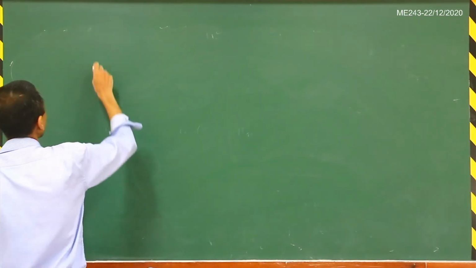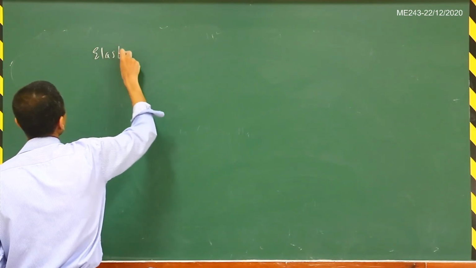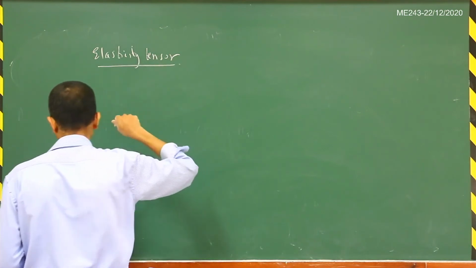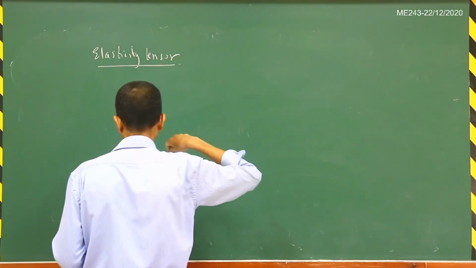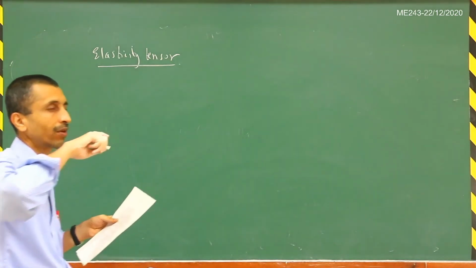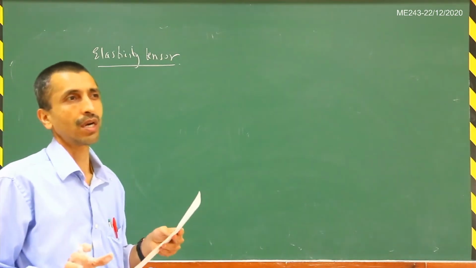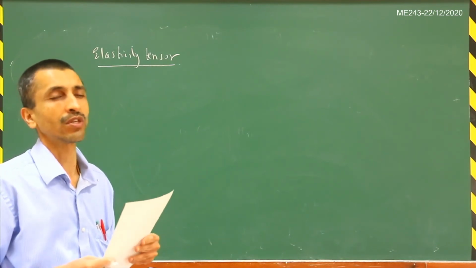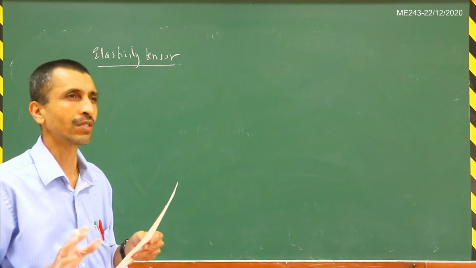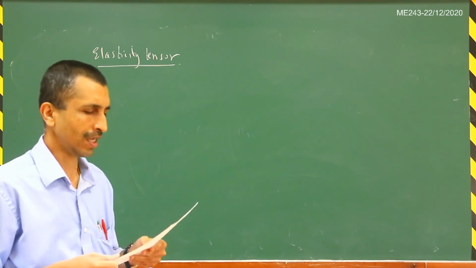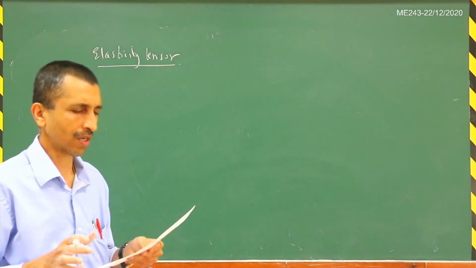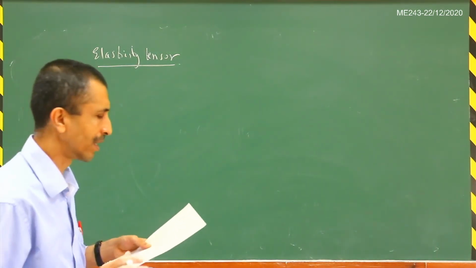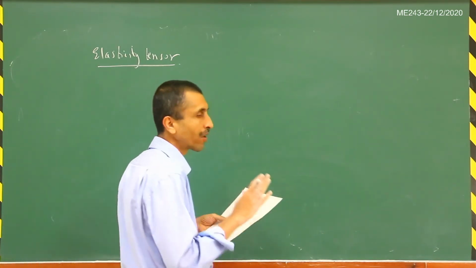The elasticity tensor that we are going to consider is going to be useful in the linearization of the equations to derive the equations of linearized elasticity. We are going to consider only the derivative of the first Piola-Kirchhoff stress near the reference configuration, that is F equal to identity. Okay, so that's the specific context that we are going to look at.